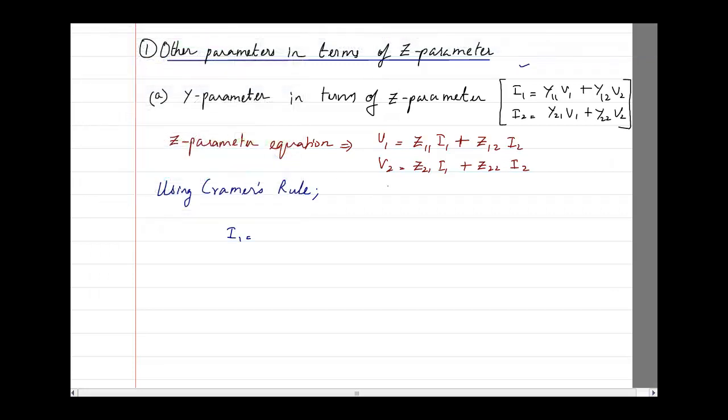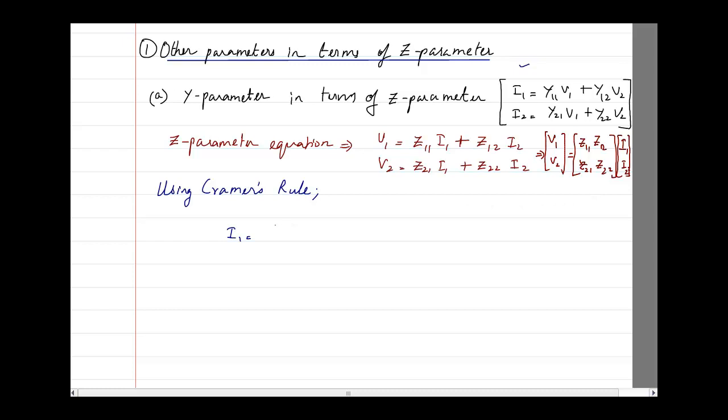So I will write this is going to be equal to V1 V2, correct, is going to be equal to Z11 Z12, Z21 Z22 multiplied with I1 I2, I1 and I2.